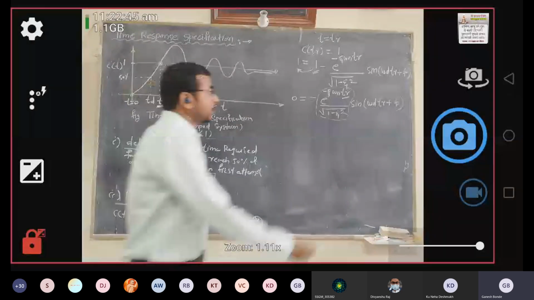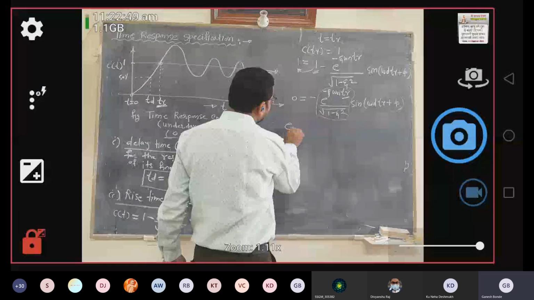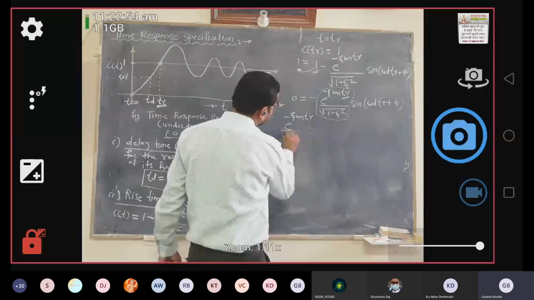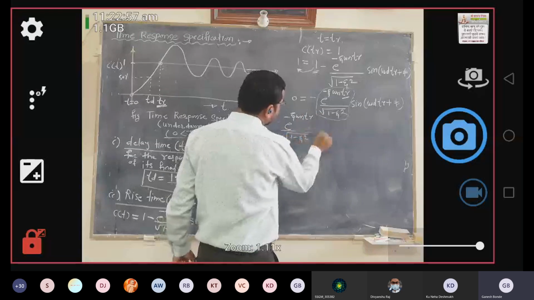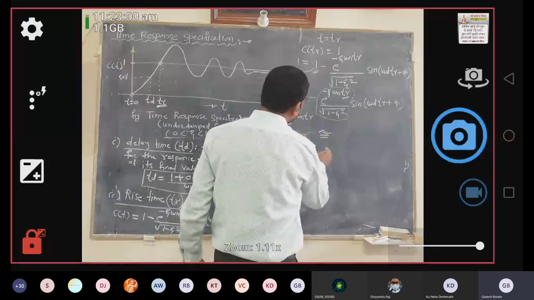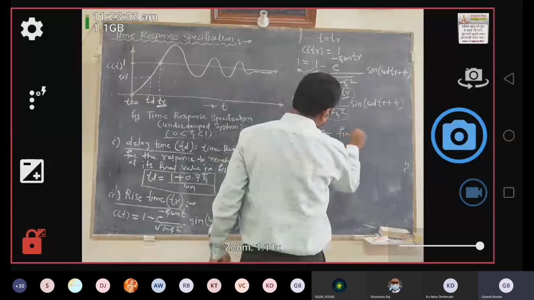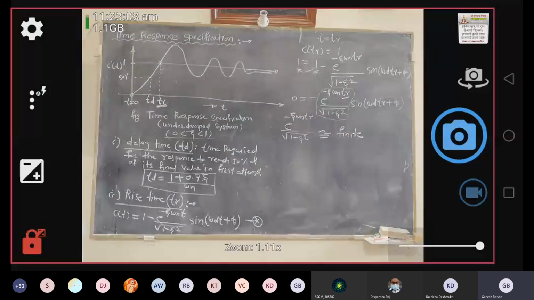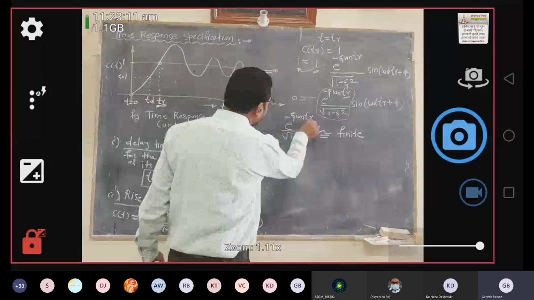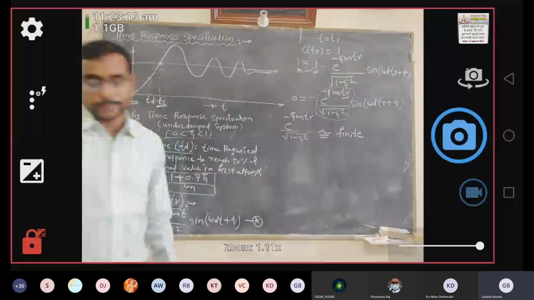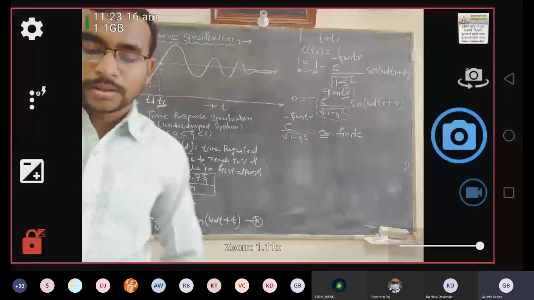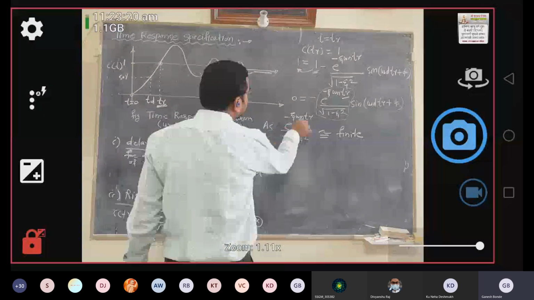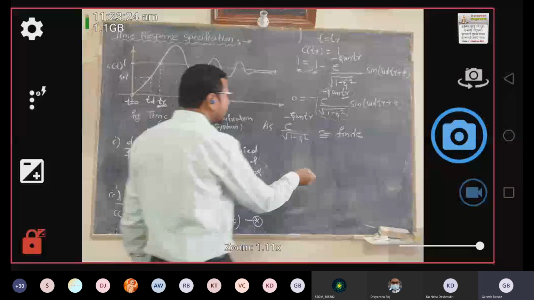If you consider the first term, that is e raised to power minus zeta omega n TR upon square root of 1 minus zeta square, the value of this term is finite for the given value of TR, because it is exponentially decaying, and at the value of TR, this value is always finite. Am I correct? Therefore we consider e raised to power minus zeta omega n TR upon square root of 1 minus zeta square as finite.